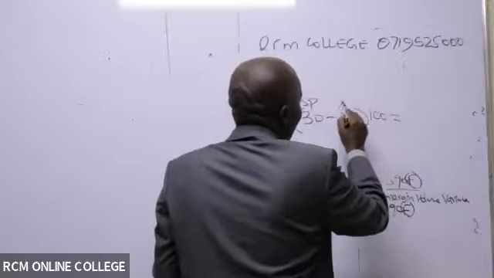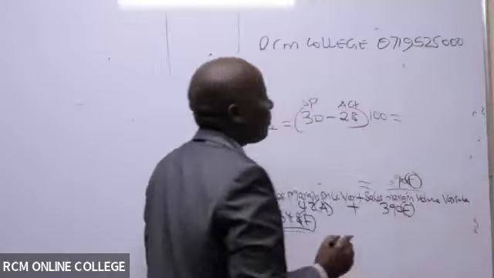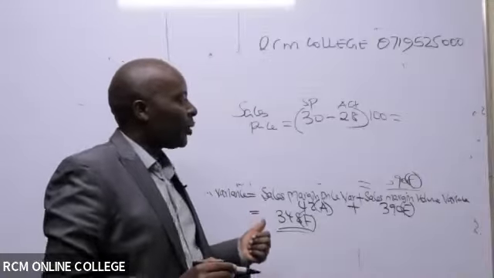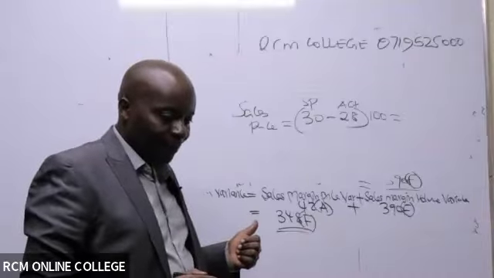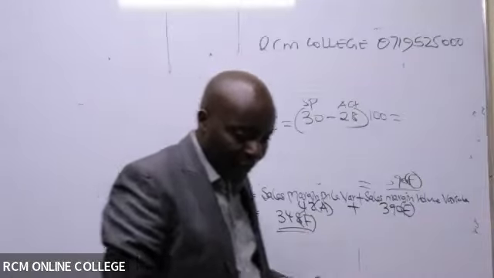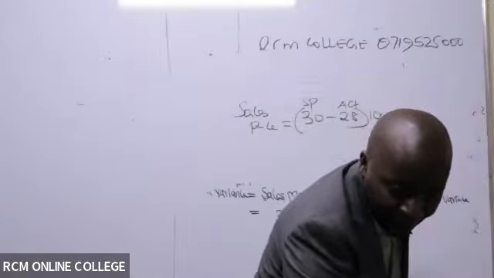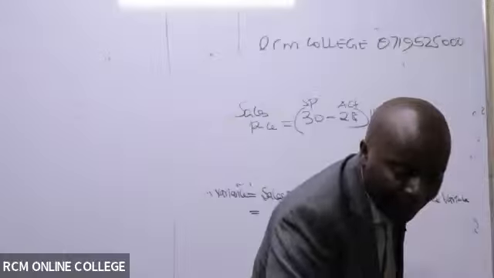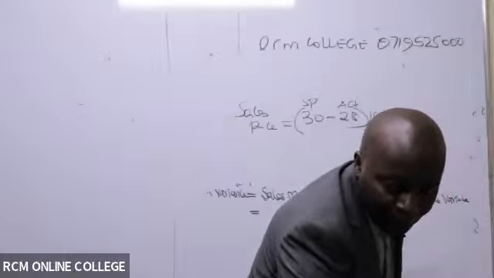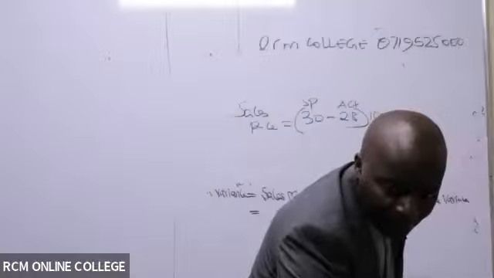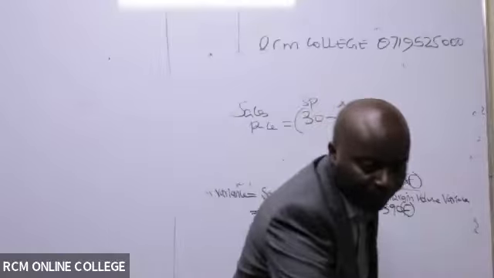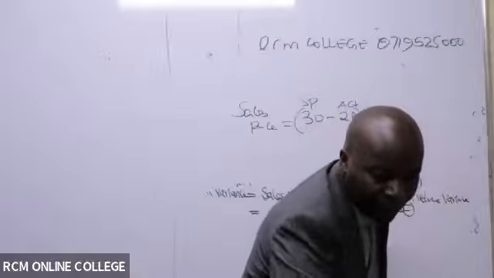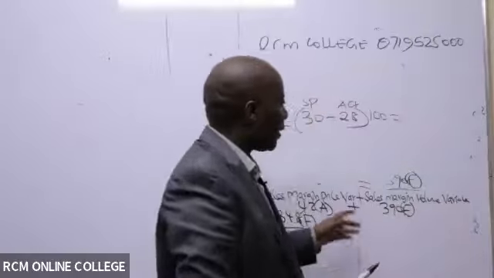Can somebody give me this variance here? 30 minus 28 is 2 times 100. So this gives us 200, isn't it?